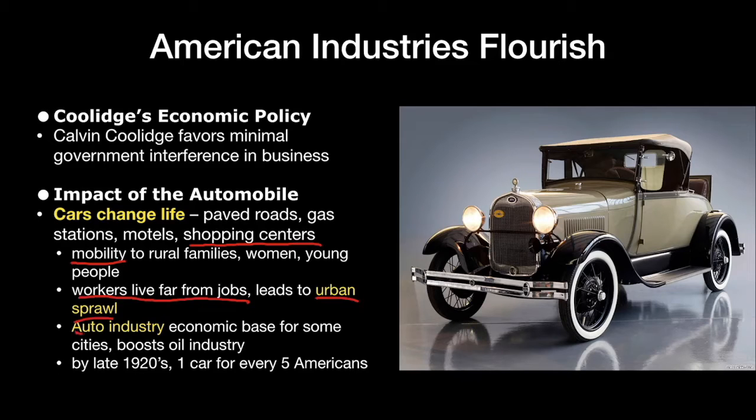And really overall, we see the auto industry become the economic base for a lot of cities. Michigan in particular, Detroit, okay, that city used to, and still for the most part used to really be known for their car factories and production, and most of the car companies had factories within Detroit.